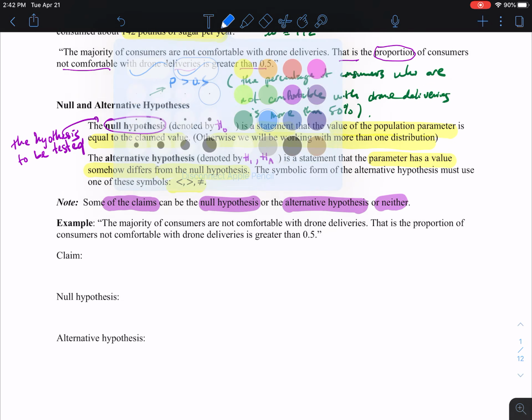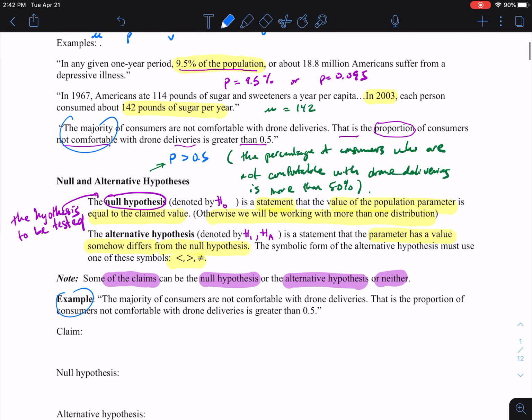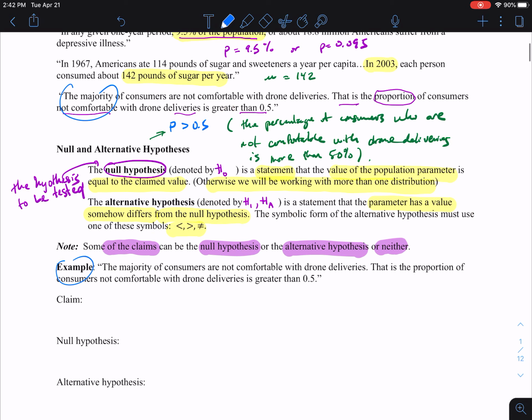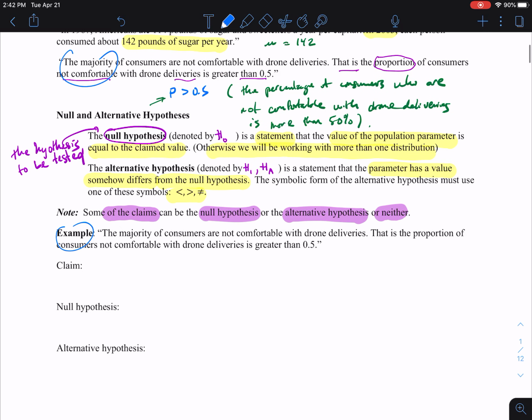Let's start with an example here. This is the same example from above. We're just going to extract this and go over how we write the claim from the example, how we write the null hypothesis, and understand what each of these hypotheses is really saying. So the example is: the majority of consumers are not comfortable with drone deliveries.